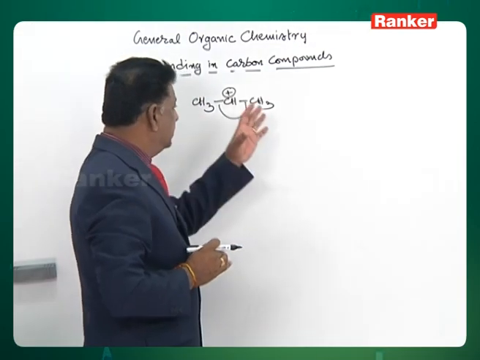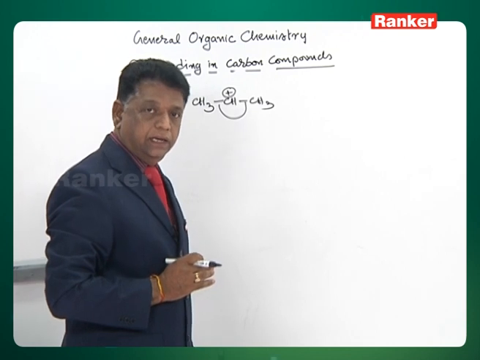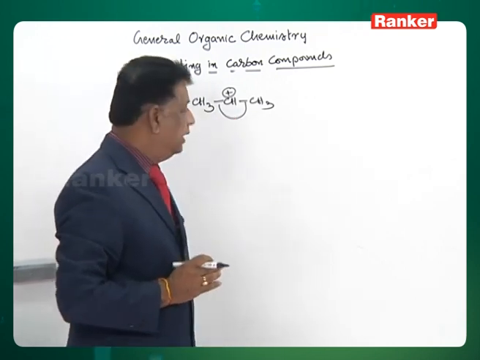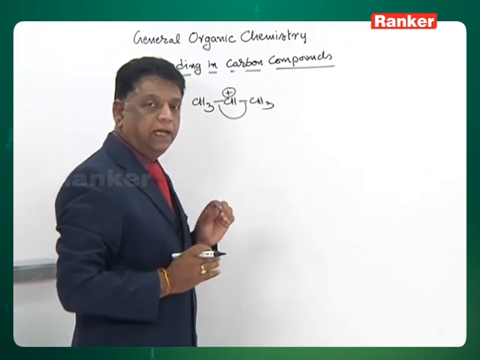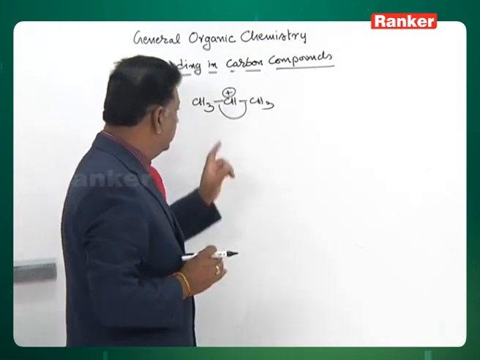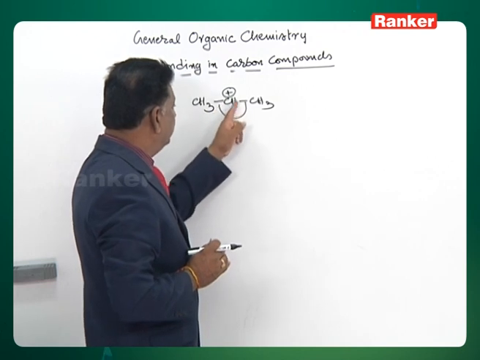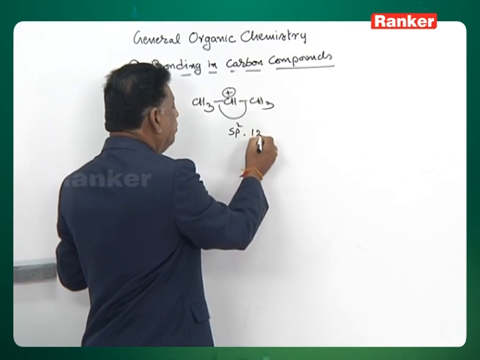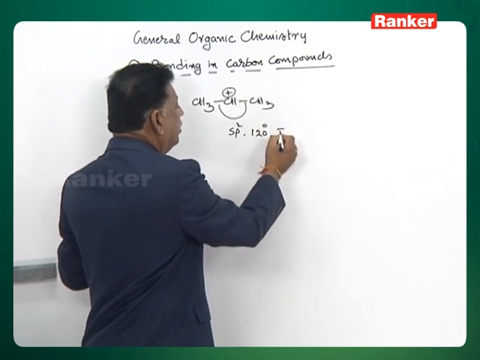Now, we have written it in such a way that it looks like a line or a linear shape, and we think it is 180 degrees, but the carbon hybridization is the criterion. A carbocation with 3 sigma bonds is sp2 hybridized with 120 degrees and trigonal planarity.